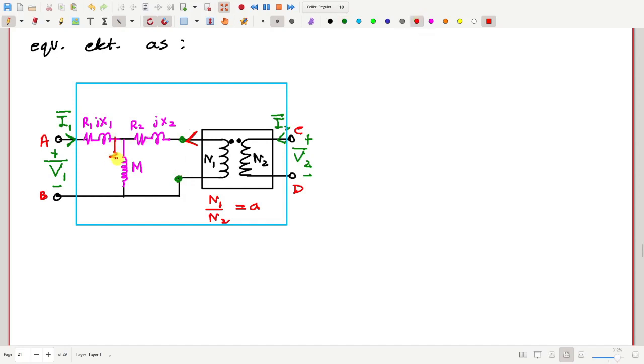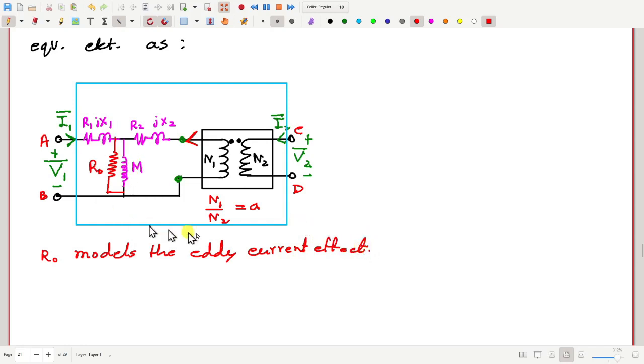resistance here. Call it R0. R0 models the eddy current effect. And this becomes one circuit which will more or less represent the actual behavior of an actual transformer.